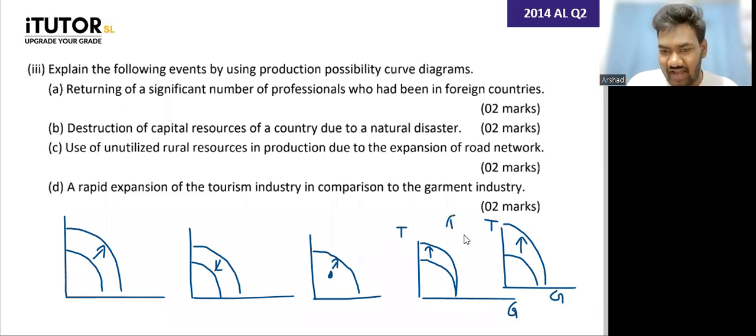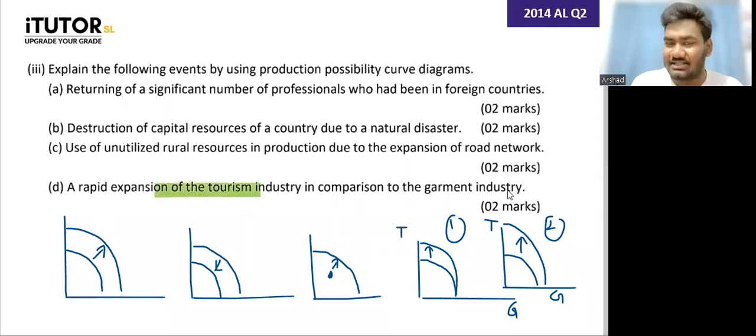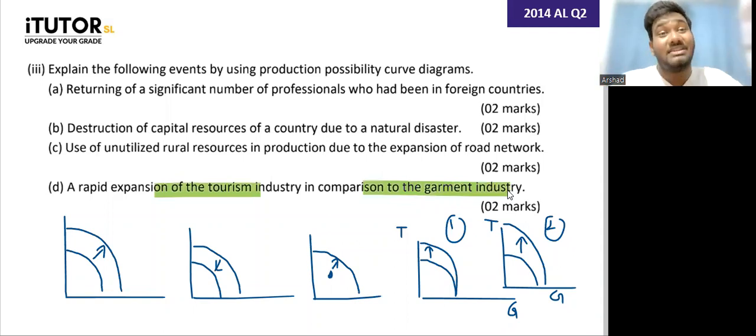For this option where you're showing only the tourism industry growing, or you're showing the garment is also growing, but tourism is growing more, you should get a correct answer. Why? Because they say a rapid expansion of the tourism industry compared to the garment industry. That means garment industry is also growing, but compared to that, tourism has grown more. So maybe even that is correct. Is that okay, guys? Manageable? Fine.